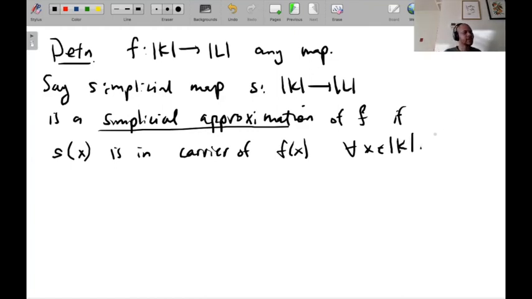Okay, so this condition, let me just draw a picture. Let me do a simple situation. Say V is a vertex of K, and let's say under f it maps into the interior of some triangle.